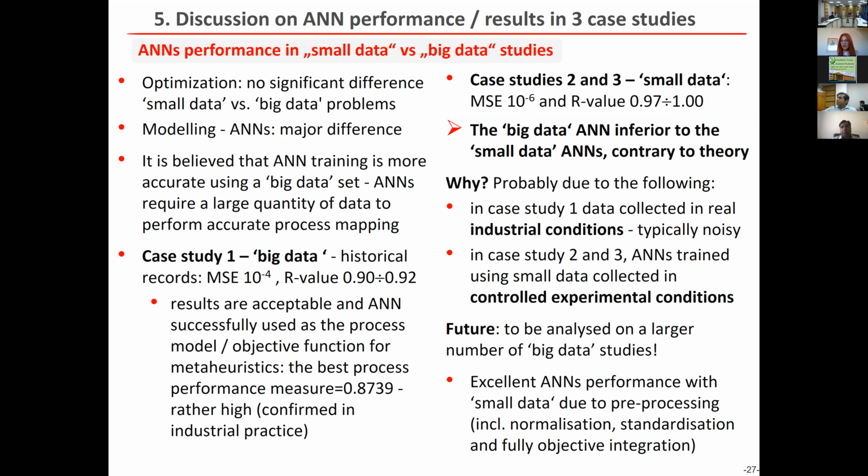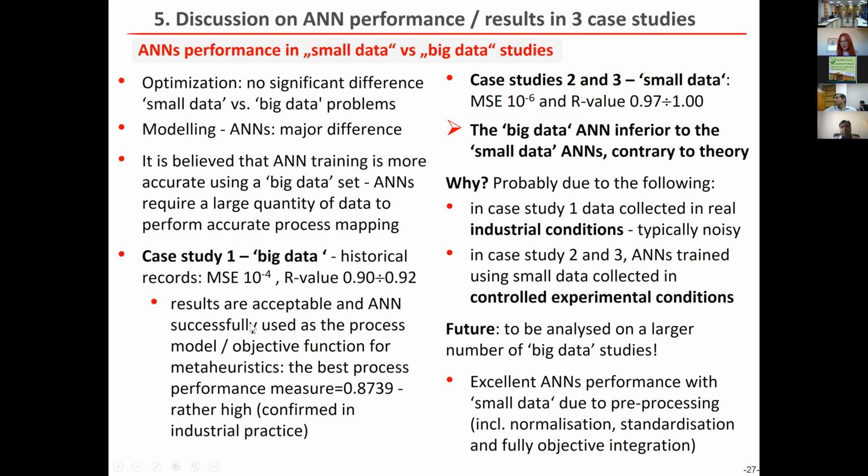So that's why in my case, the INNs developed in studies with the small data showed better results than with the big data. Anyhow, this has to be analyzed further on a large number of studies with big data.